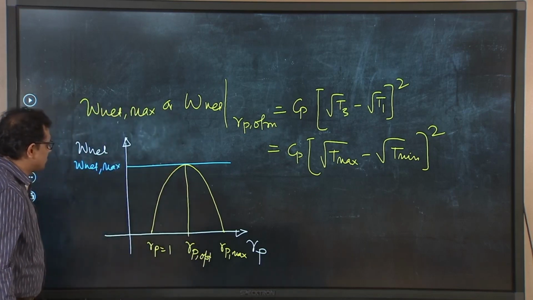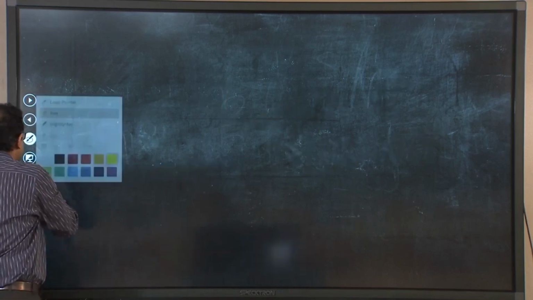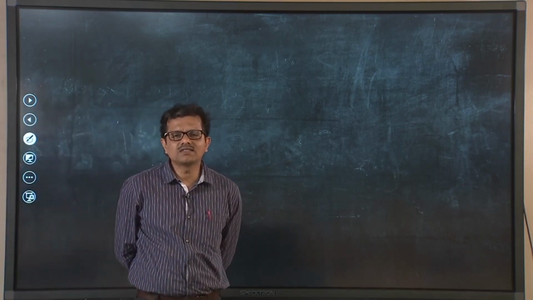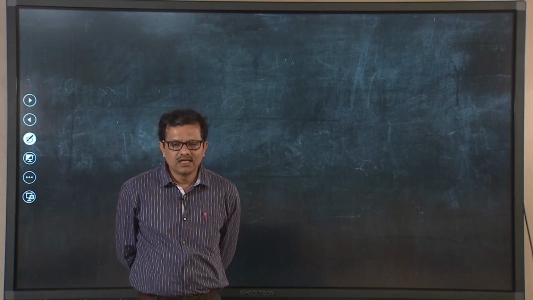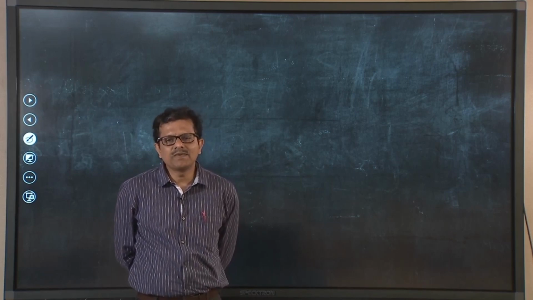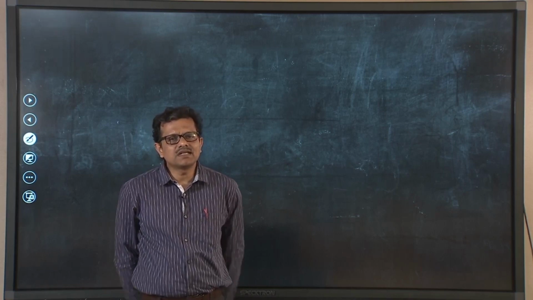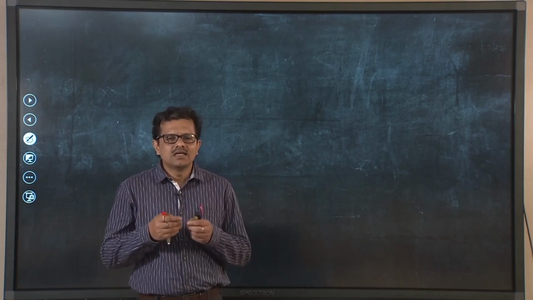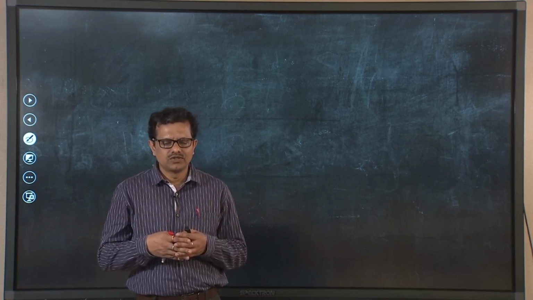We can discuss now that the compressor plays an important role on the overall cycle efficiency, and typically we have seen that the compressor is consuming work from the turbine and it consumes a significant part of this turbine work output.